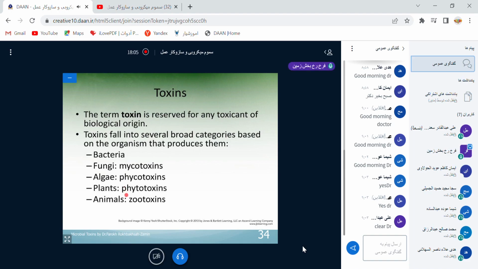Some toxins are produced by plants. We call them phytotoxins. Some toxins are produced by animals. We call them zootoxins. So, what is the similarity between these different types of toxins? All of these poisonous substances are produced by a live organism.